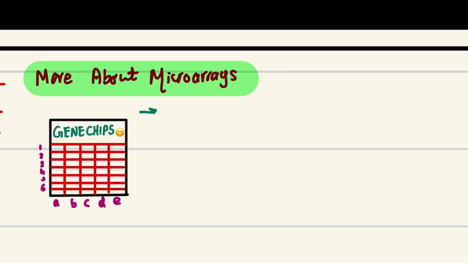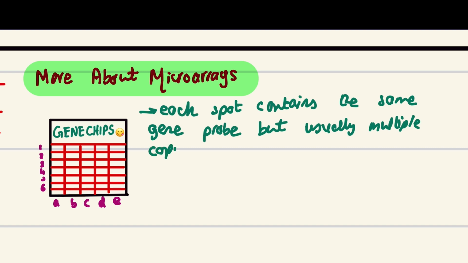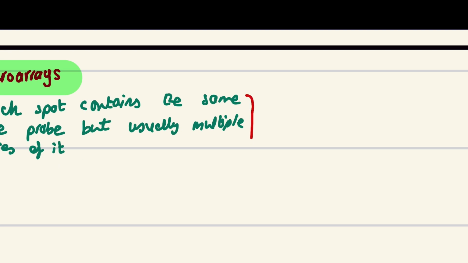So each spot contains the same gene probe, but usually multiple copies of it. What does this mean and why? Let me just write the why so I don't forget that.